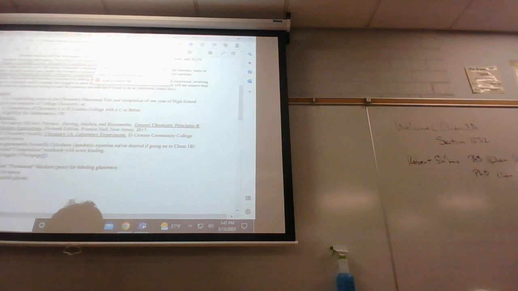And then they just wrote the procedure and the observations. So this is what we're going to use for a lab notebook this semester. If you can't find quad ruled, you can use college ruled as well. This is a college ruled notebook here. It's acceptable too. All these are from past Chem 1A classes.